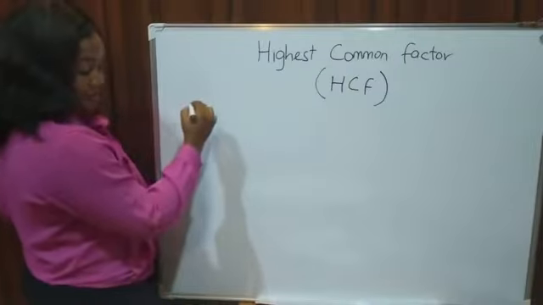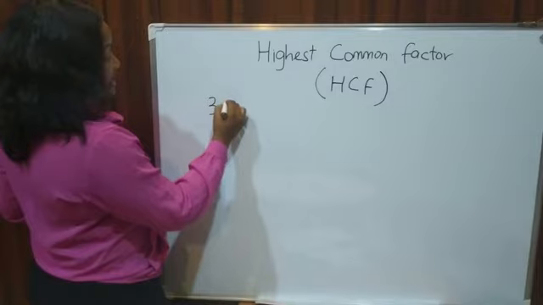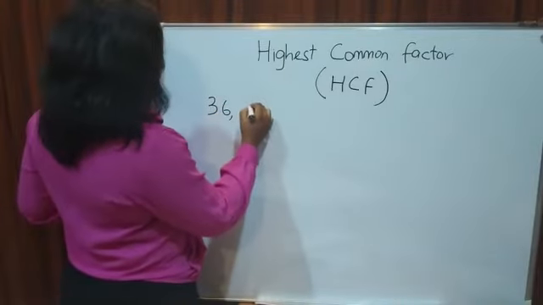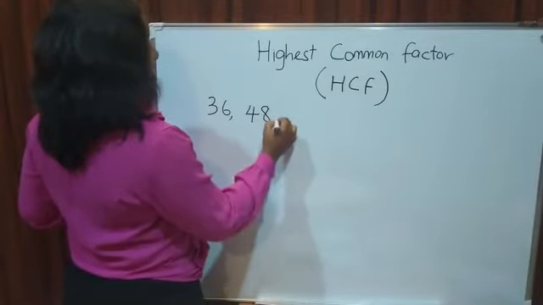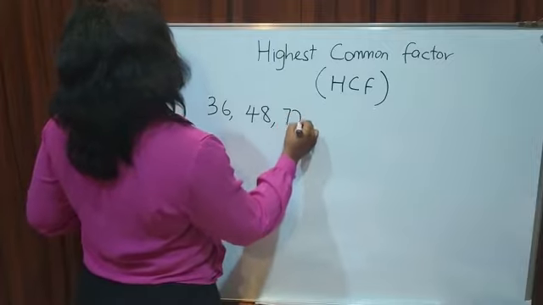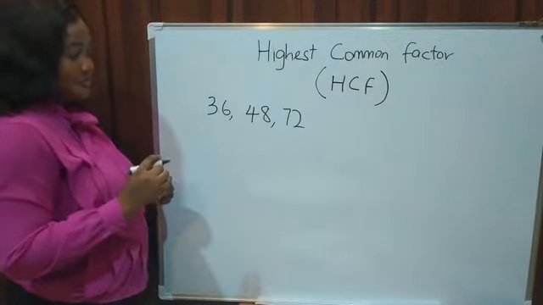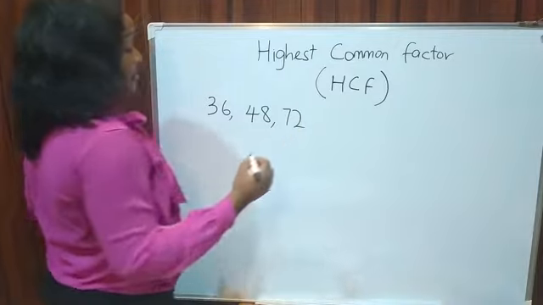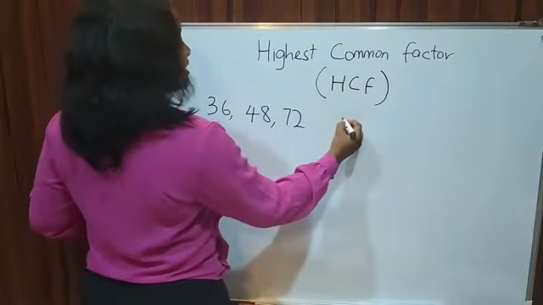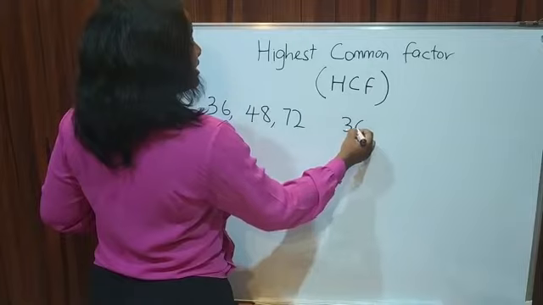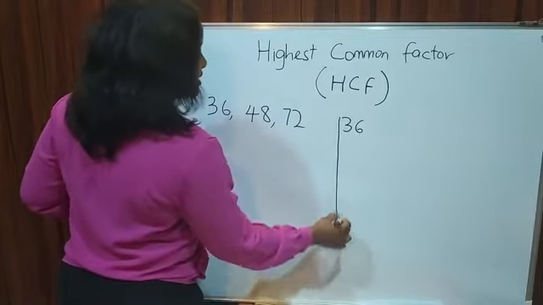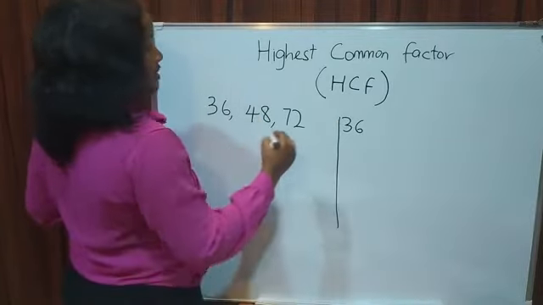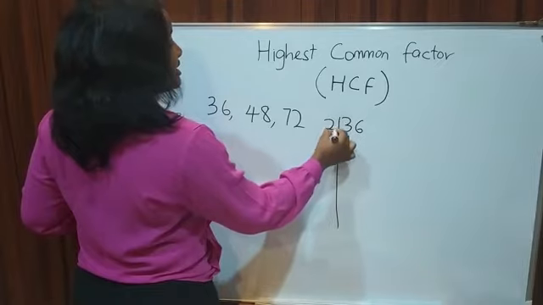Let's find the HCF of 36, 48, and 72. Okay, let's try to find the prime factors of 36. Let's start like this, an easier way so that we're able to do it fast. So you have 36.